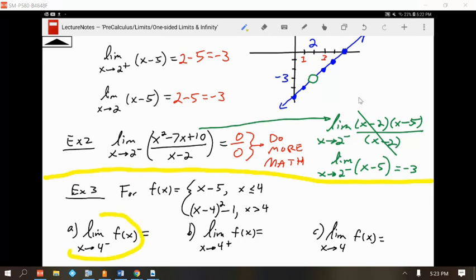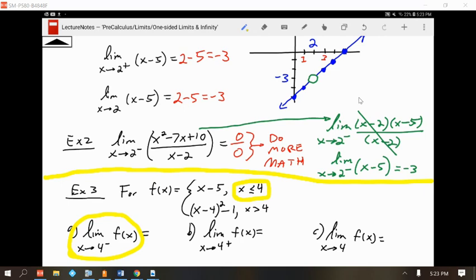First step is, what's the limit as I approach 4 from the left? As I approach 4 from the left, the left side of 4 would be numbers like 3, or 3.5, or 3.9, or 3.9999999. 3.9 is less than 4. Left of 4 means less than 4.